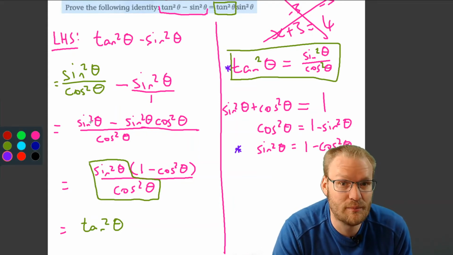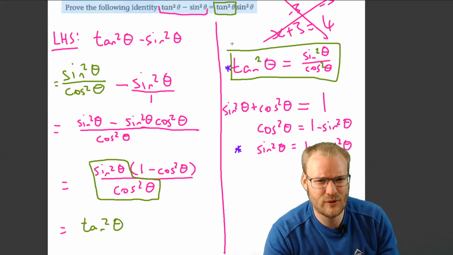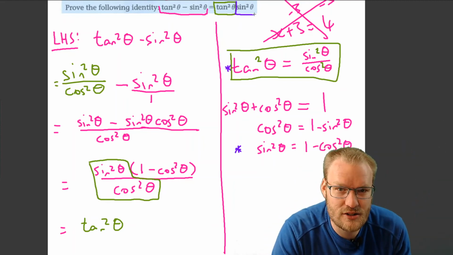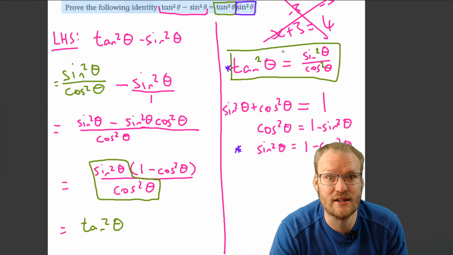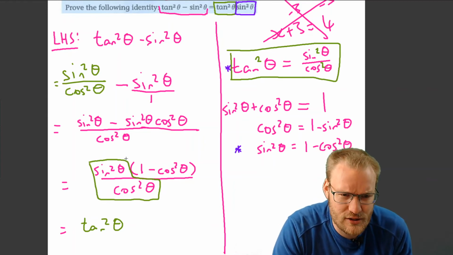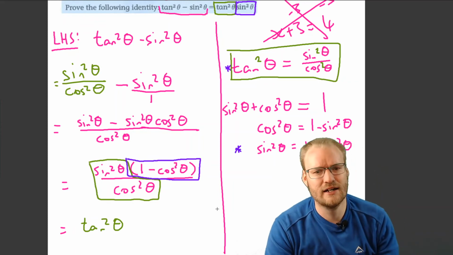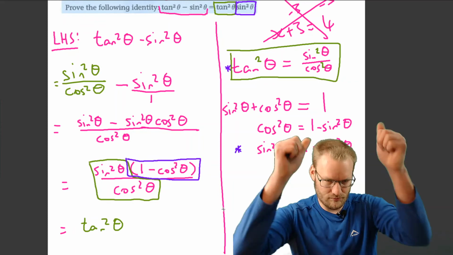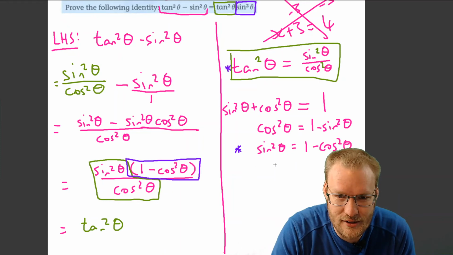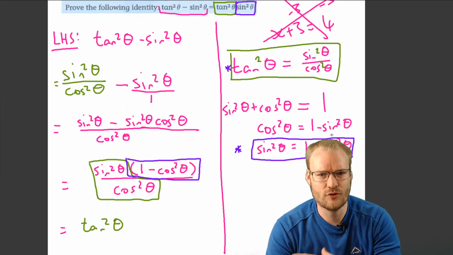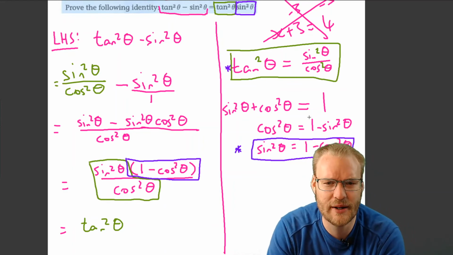What do I need to multiply it by still? We know what our outcome should be. We know that we need to still multiply it by sine squared theta. So can I just write this bit as sine squared theta? Yes, because 1 minus cos squared theta equals sine squared theta. We've got this at the top of our page.